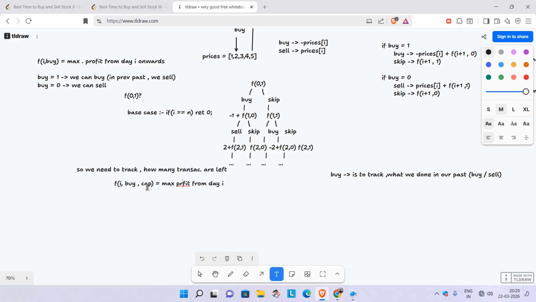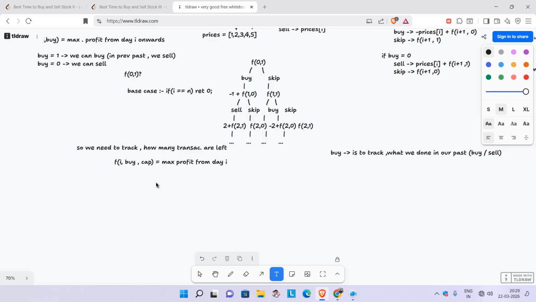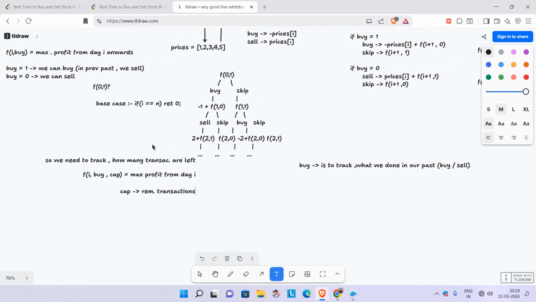This is the meaning of f of i, buy, cap. We already know that if buy is equal to 1 we can buy, buy equal to 0 means we can sell, and cap is the remaining transactions we have to do to buy and sell our stock.